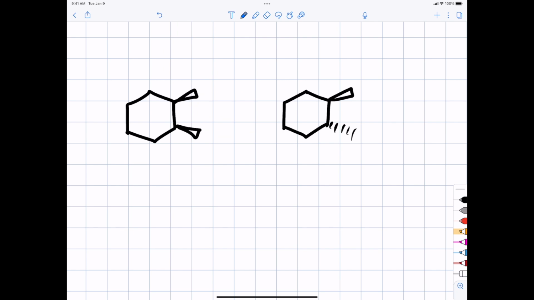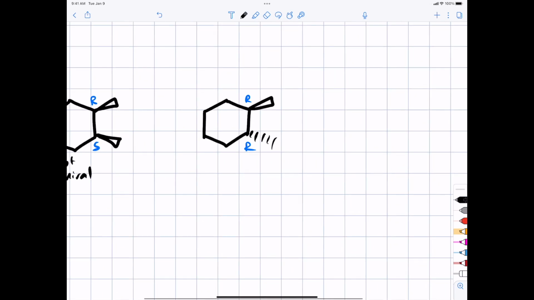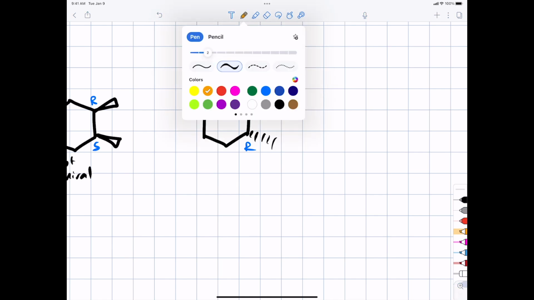This would be 1, 2, 3. This one would be R. 1, 2, 3. This one would be S. Okay. What's the relationship between these two? Well, this one is not chiral. We could draw the mirror image of the other one just to see if it is chiral.